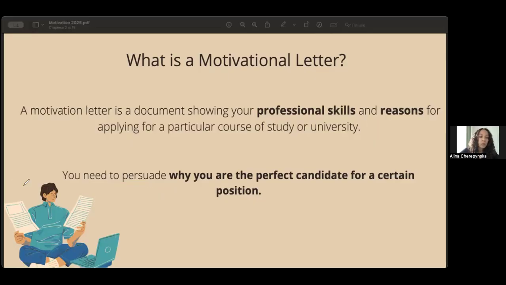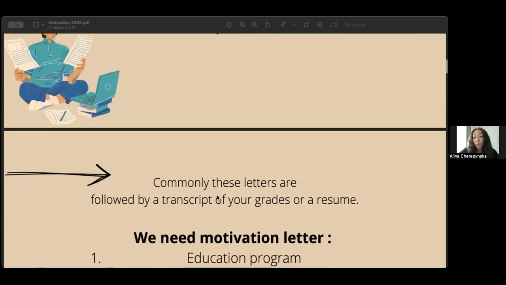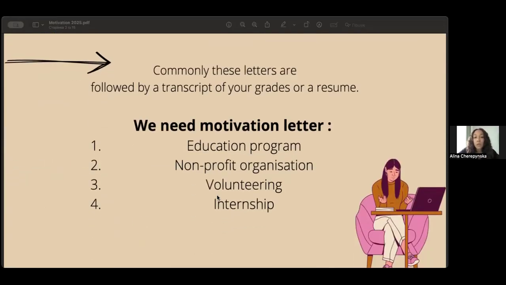Let's go down and discuss where we use a motivational letter. So first of all, commonly this type of document is followed by a transcript of your grades after school, for example, or a resume if we're speaking about a job position. Usually we need a motivation letter for an education program, that's the common one. And if we're speaking about the current situation, you need to include your motivation letter for bachelor programs as well as master's programs. That is why that's the requirement. You need to write a motivation letter.